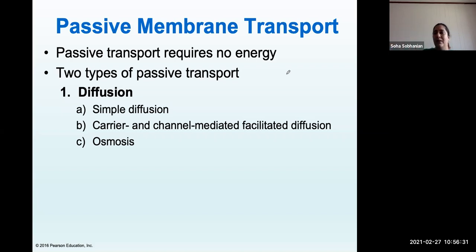Anytime you hear this word, it means at one point, at the beginning, I had a huge amount of molecule in one place, and then very low or nothing at the other end. And diffusion, what it does, it allows the molecule to go from what? From high concentration to low concentration. From where I had a lot to a place that I have very little or nothing at all.